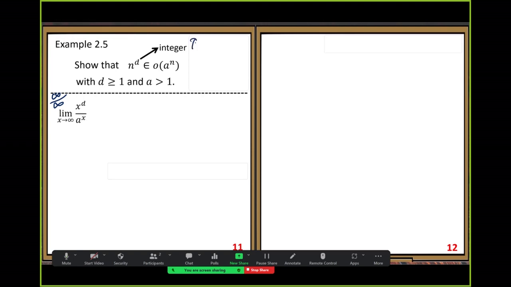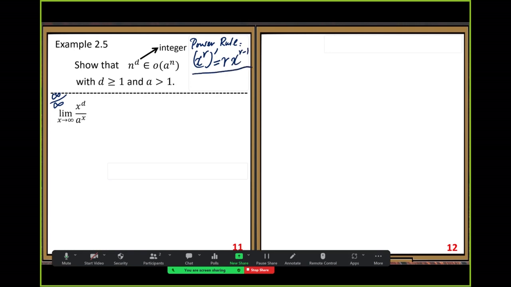Remind you, for the derivative of x to the rth power, r here we treat as a real number. It could be negative, not necessarily positive, could be an irrational number. It doesn't matter. Its derivative equals r times x to the r minus 1. So this is the power rule.